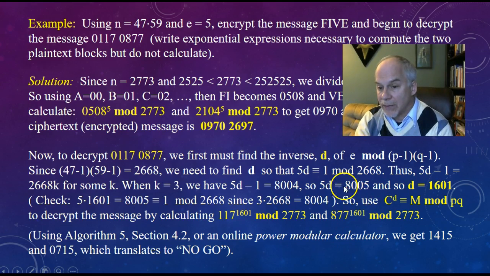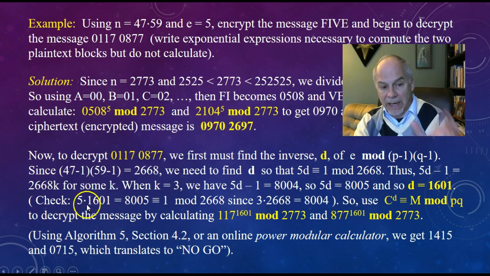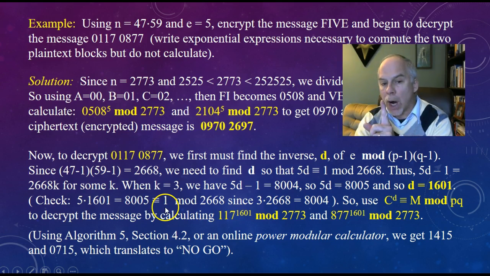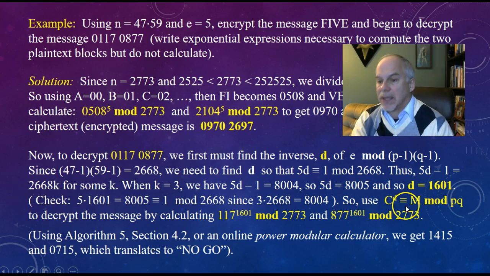So I can divide both sides by 5, and I get that D equals 1601. All right, so I can check this by going 5 times 1601, which equals 8005, and that is congruent to 1 mod 2668. Okay, and you can look at the reasoning there. So we found what D is. D is 1601.